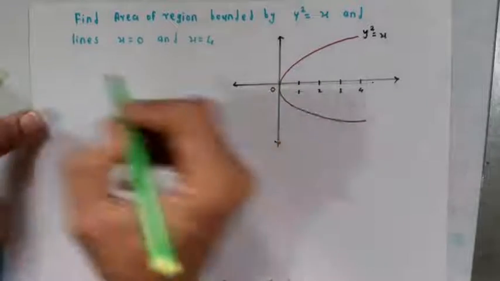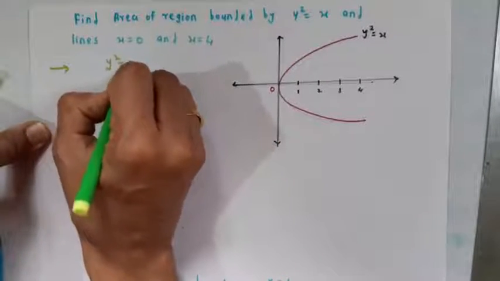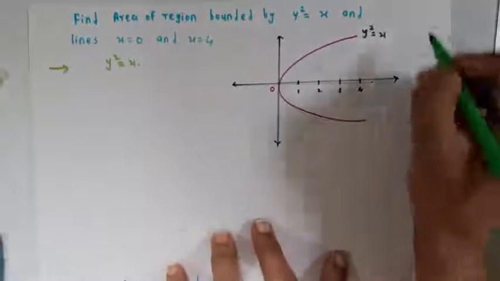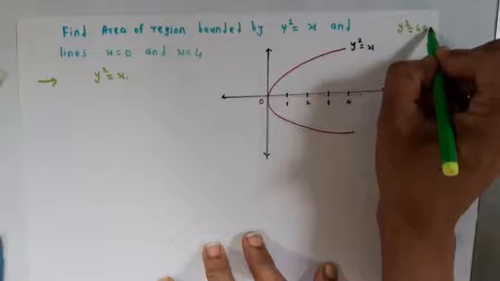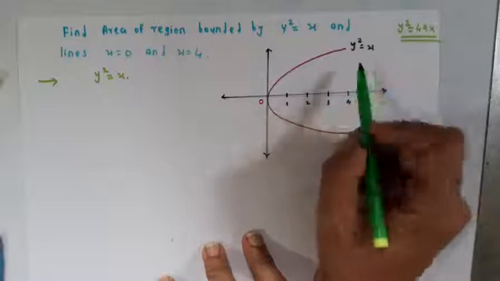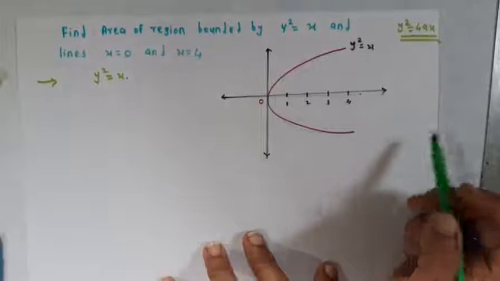So students, what is the function? The function is y square equal to x, and students, you know that y square equal to 4ax is a parabola along the x-axis.